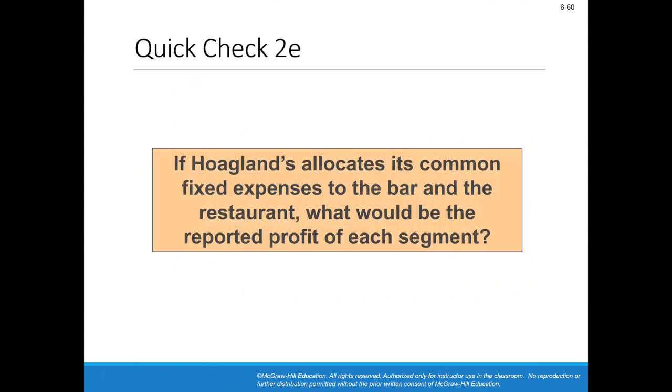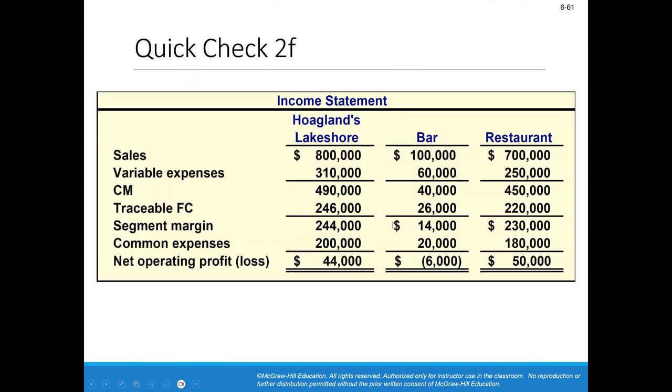And so if we allocate 20,000 to the bar, then we're going to say, well, this bar is going to lose $6,000. Now the question is, if we eliminate the bar, is that the true case? Would our profit really go up to $50,000 if we eliminated this bar? And there are a lot of questions.